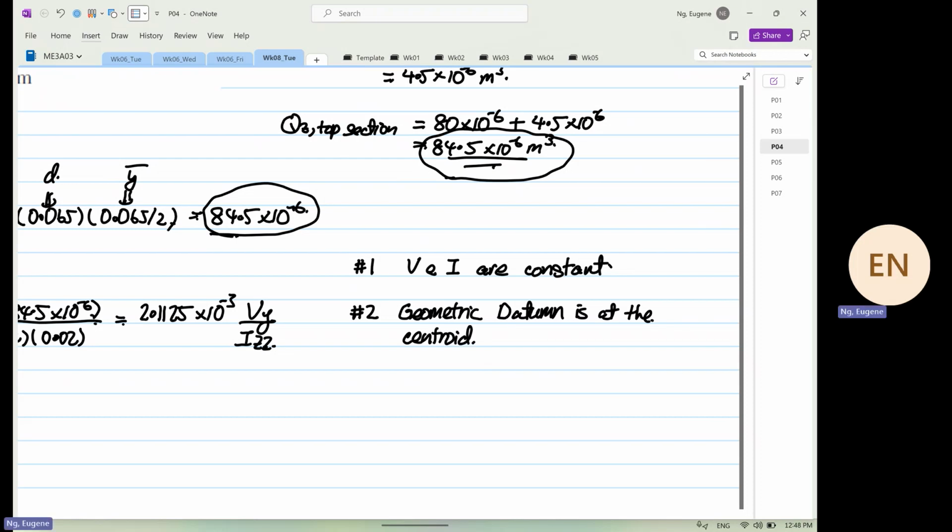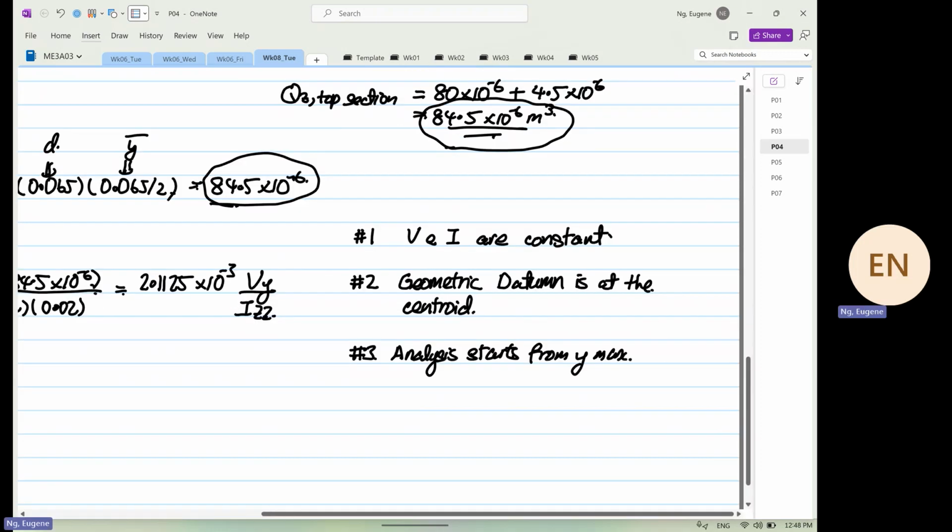Rule number three. Analysis starts from Y max. Rule number four. Q cannot cross the what?